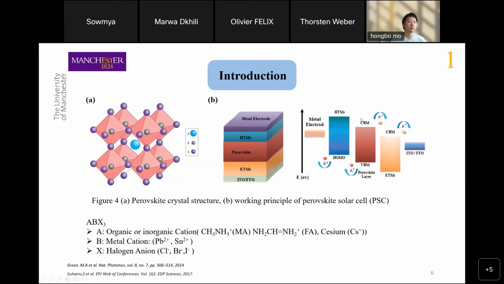The electrons will transfer from the conduction band of the perovskite layer to the conduction band of the electron transport layer, eventually reaching the ITO or FTO, and the holes will be transferred from the valence band of the perovskite layer to the hole transport material, and eventually to the metal electrode. So electricity is generated when it is collected by outside equipment.